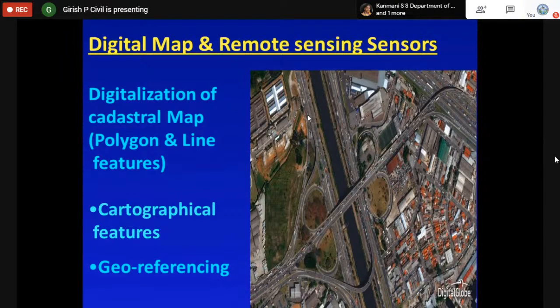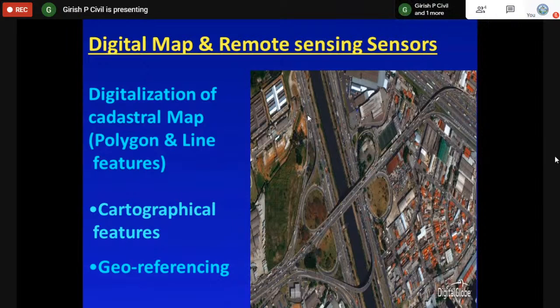Then after inserting, it is once again verified against the survey map. The same map is brought to that particular area and verified to check whether there is any missing data. After entering the missing data, georeferencing of the map will be carried out.